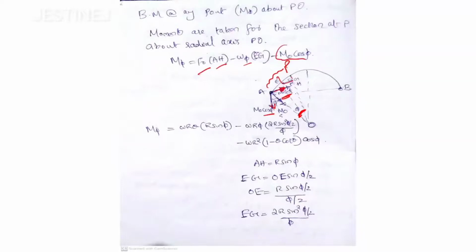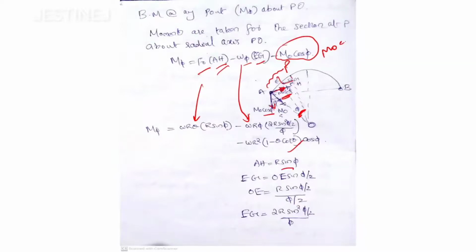Then one more thing, that is going to be M0 cos phi, which is actually a moment, so no distance is required. And M0 sin phi has no influence. That is also to be noted. Then you can directly substitute those values, which you already determined. AH and EG you can calculate from right angle properties. That is, AH is going to be R sin phi.